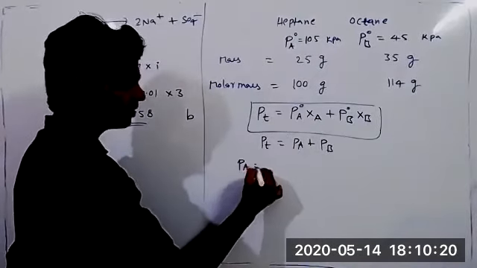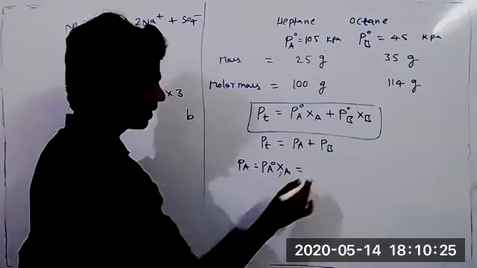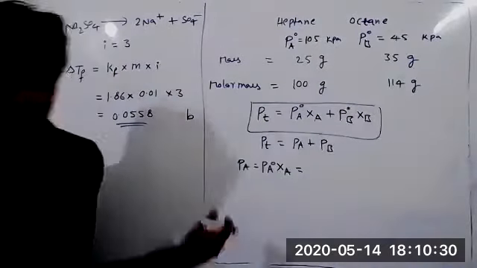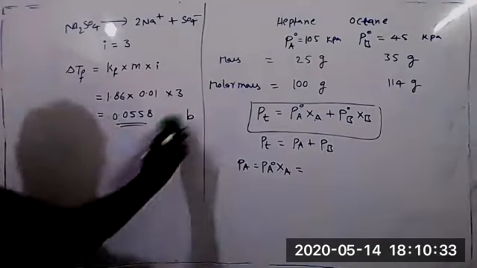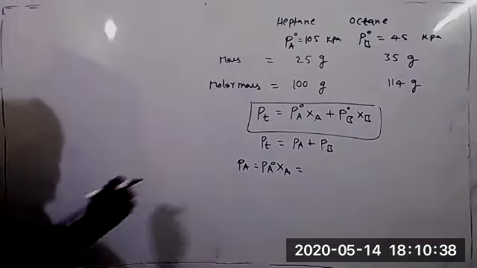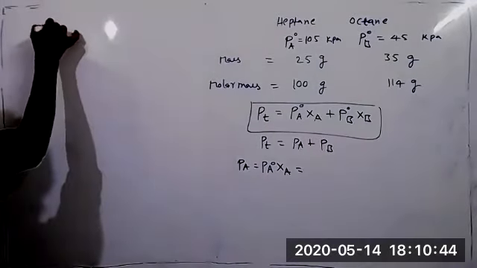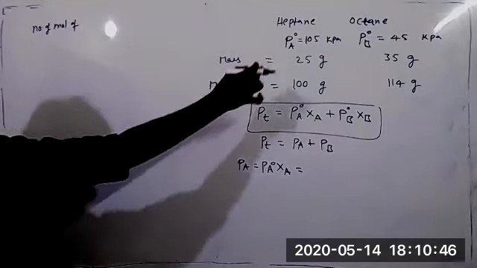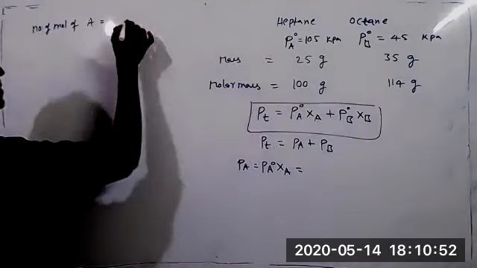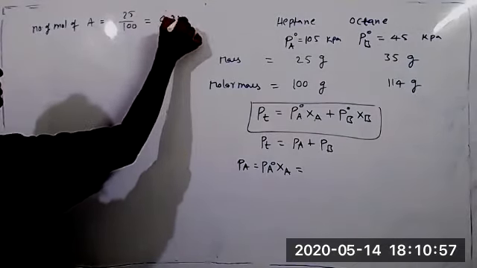PA is equal to PA power 0 into XA. Sorry, first we have to calculate the mole fraction of each compound, then we will substitute here. Masses and molar masses are there. First, number of moles. Number of moles of A is equal to its mass by molar mass, 25 by 100, 0.25.